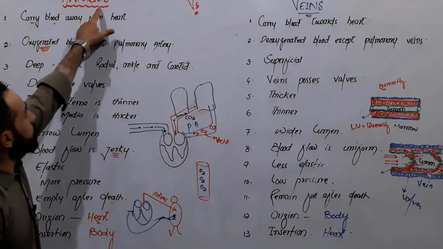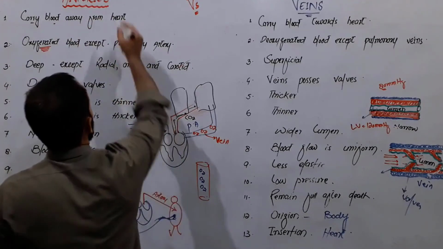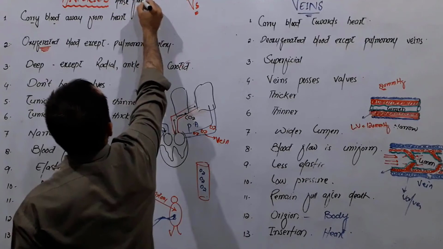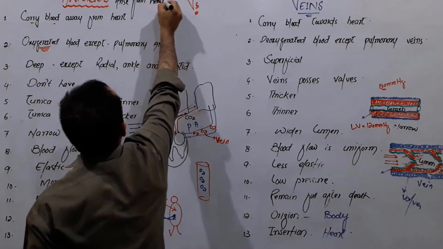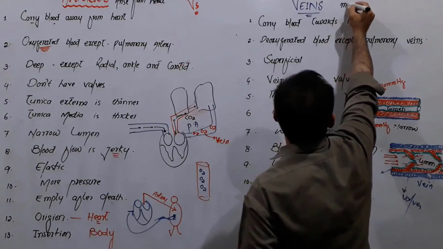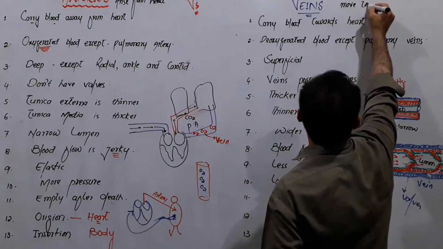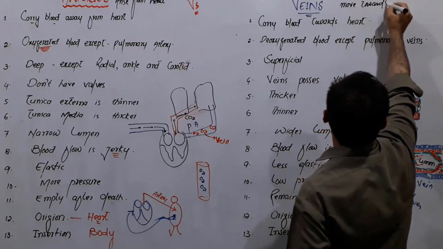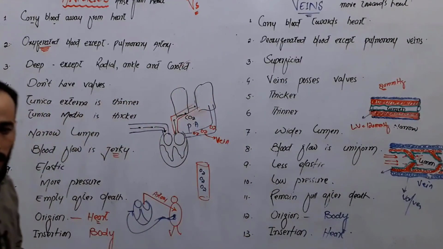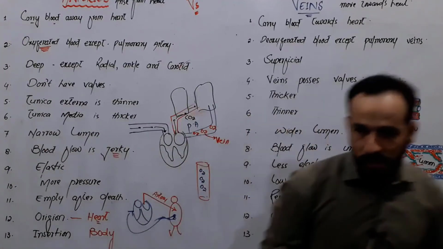Let me write here: those which arise from the heart are called arteries, and which move towards the heart are called veins. Okay, so these were some differences between arteries and veins.